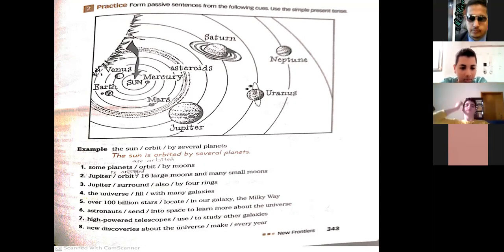Number one: some planets orbit by moon. Some planets are orbited by moon, because it's plural. Well done.